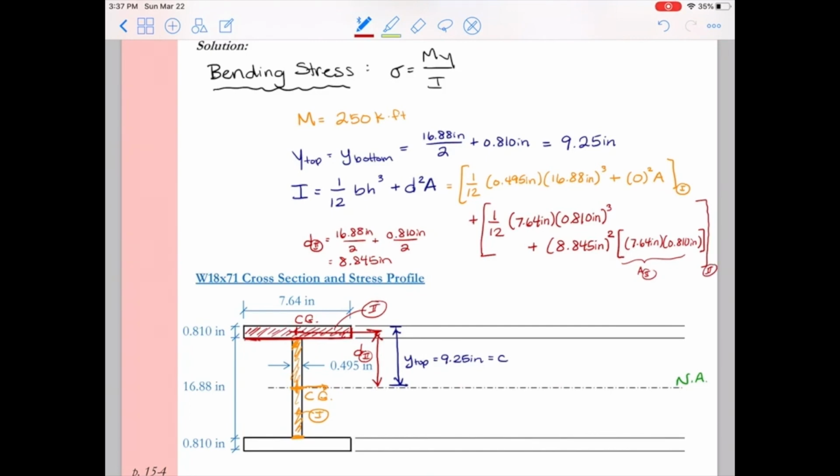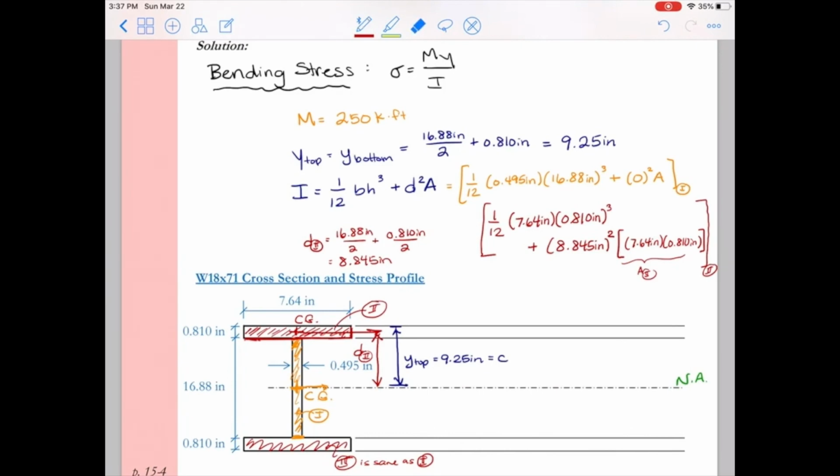Now I have to take into account the contribution of the bottom plate, which I'll call shape 3. If we look at shape 2 and shape 3, they both happen to have the same dimensions, and they are the same distance away from the neutral axis. So really 3 is the same as 2 in this case.